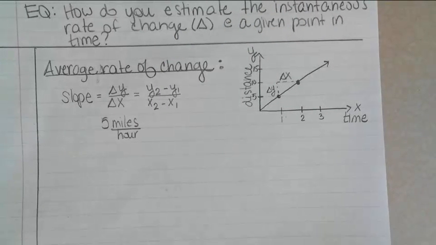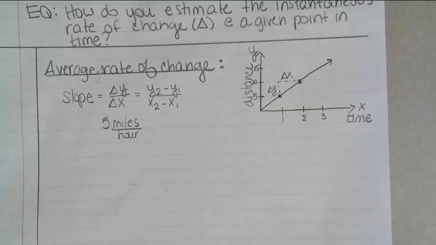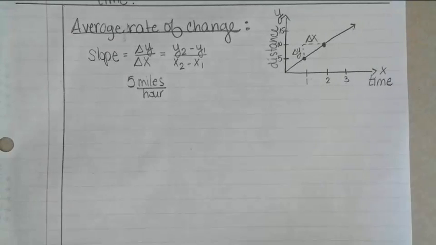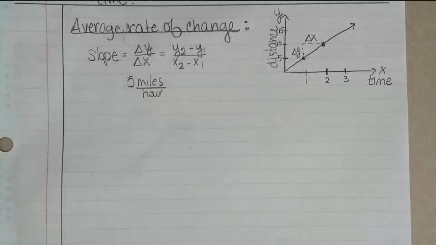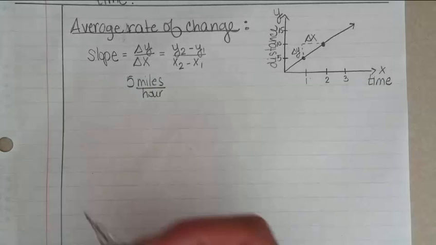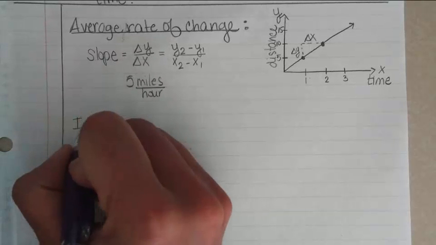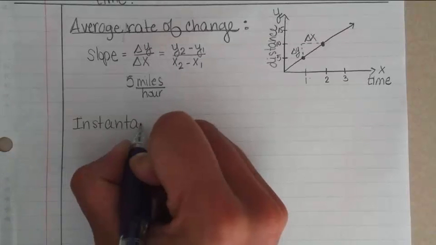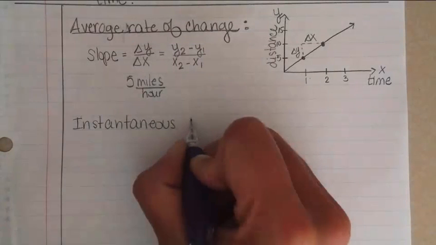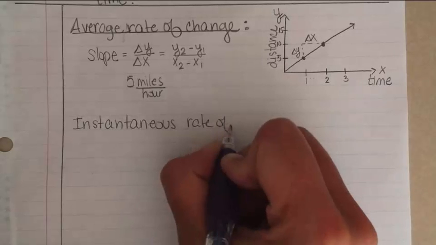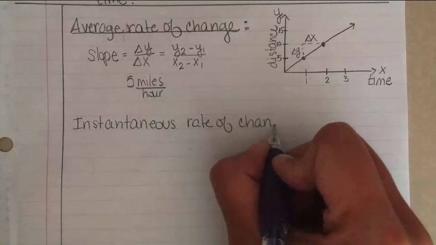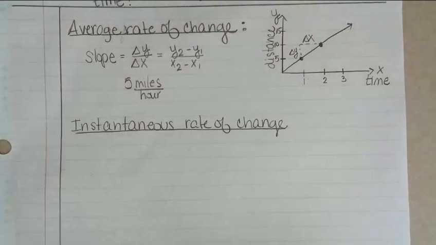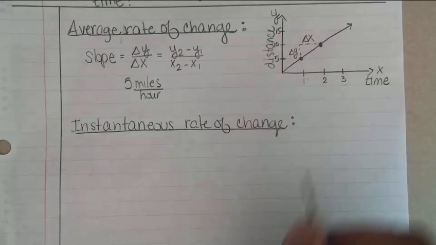Now, that's all great, but what about at an instant? So, an instant isn't an hour. It's much less than an hour. So we want to talk about now the instantaneous. So this is where things are happening at an instant.